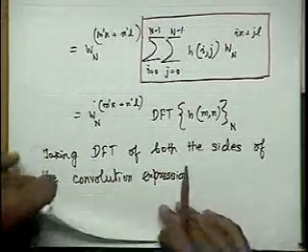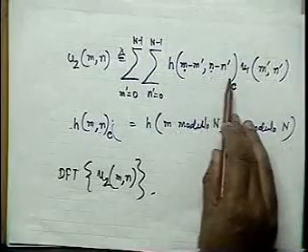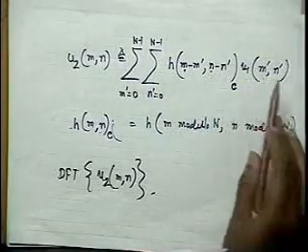In the convolution function definition, we had two functions, h of m minus m prime, n minus n prime, and u1 of m prime n prime.